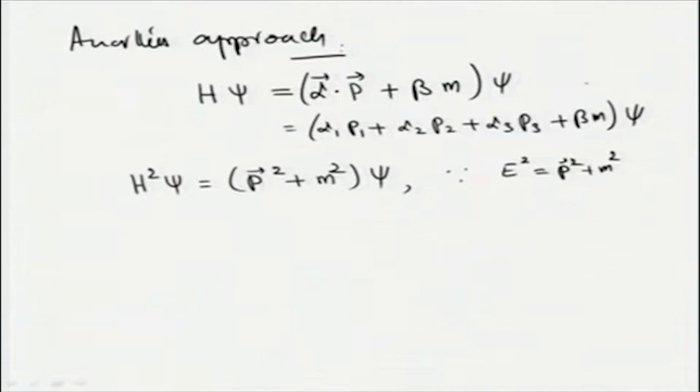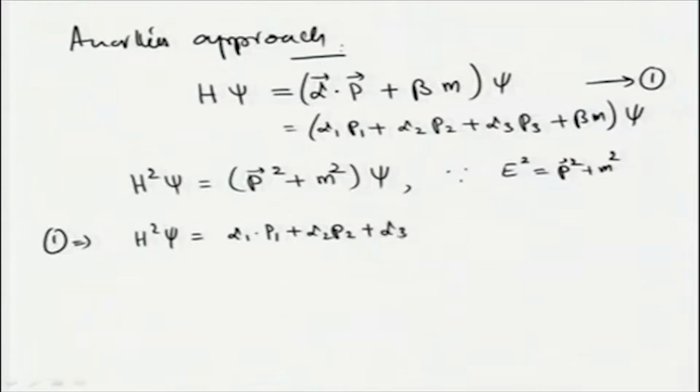But from equation 1, if you take H square and take the square of the operator on the right hand side, you will have alpha 1 p 1 plus alpha 2 p 2 plus alpha 3 p 3 plus beta m, all squared, acting on psi.